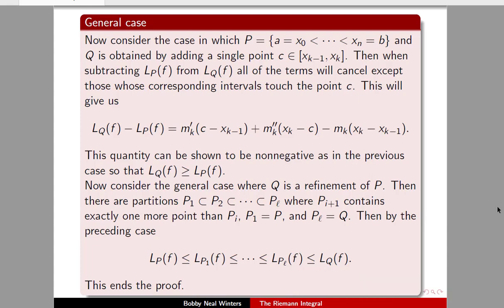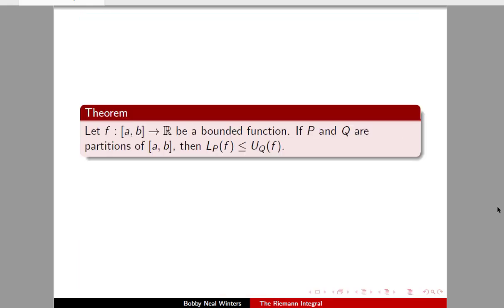Okay, the proof of 2 will follow like the proof of 1, changing what obviously needs to be changed. Now let's consider a new theorem. We have a bounded function f from the closed interval [a, b] into R. If P and Q are partitions of [a, b], then L_P of f is less than or equal to U_Q of f.